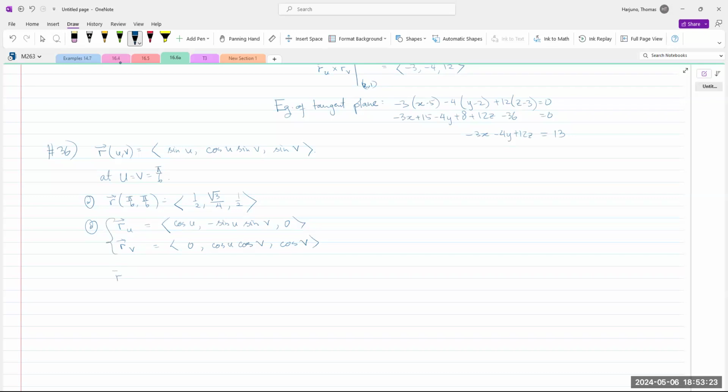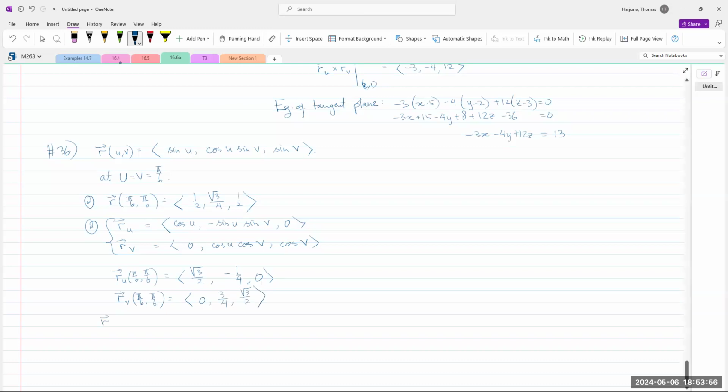So r sub u at pi over 6, pi over 6 will be radical 3 over 2, negative 1/4, 0, and r sub phi at pi over 6 will be 0, 3/4, radical 3 over 2.